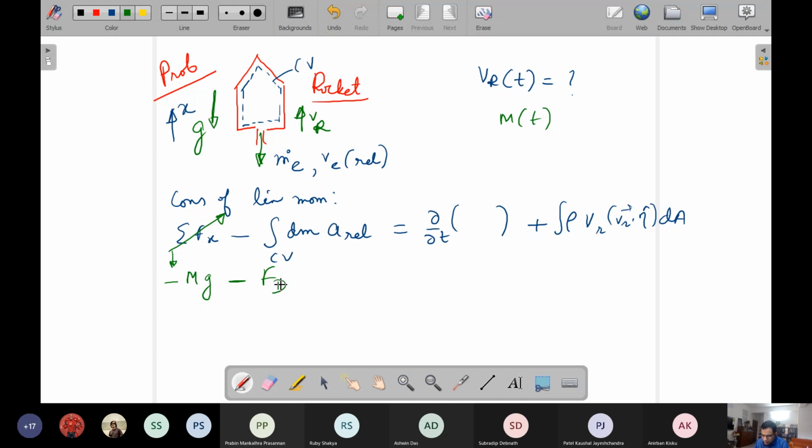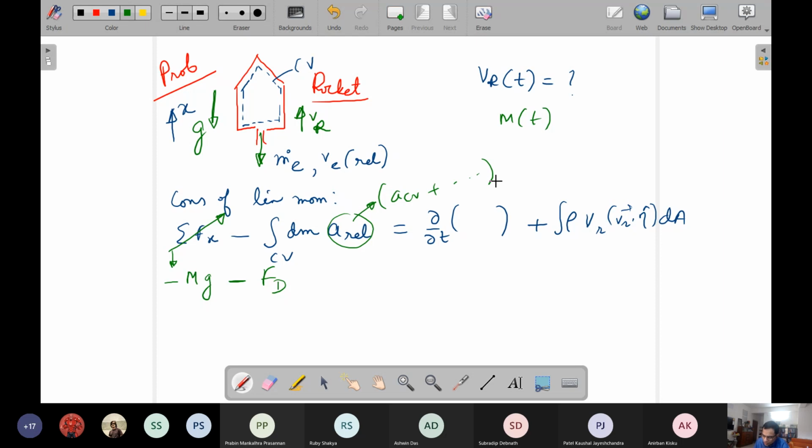The acceleration relative is what? This is the acceleration of the control volume plus all those angular acceleration terms. So we have to keep in mind that there is also a linear acceleration of the fluid relative to the control volume.